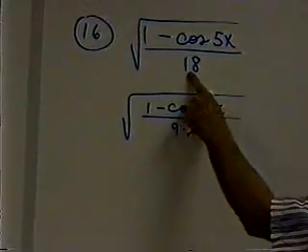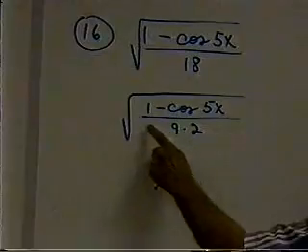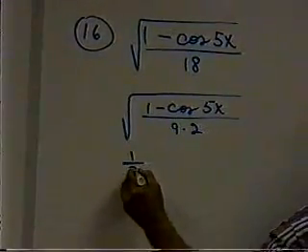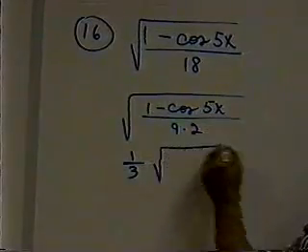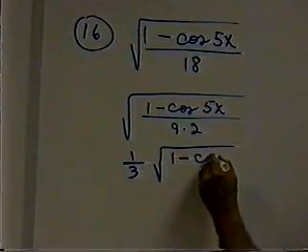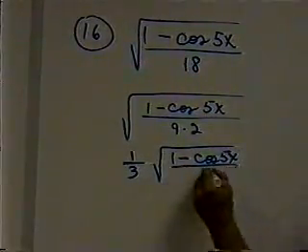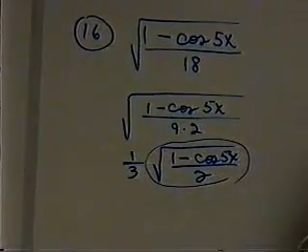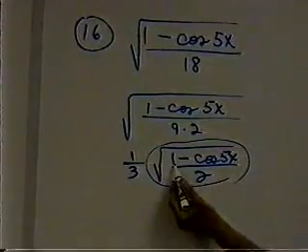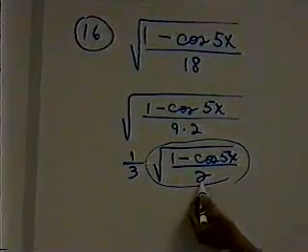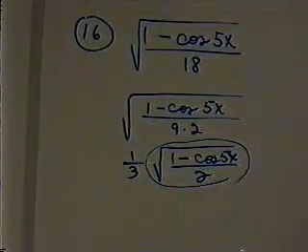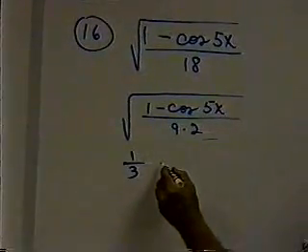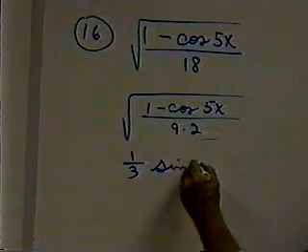We'll factor this 18 into 9 and 2. What is the square root of the 9? Well, remember now, this is the only denominator, so that comes out in front. The square root of 9 is 3. And we have 1 minus the cosine of 5x over 2. We now have what we want. We have the square root of 1 minus the cosine of 5x over 2. That goes to, all of that is replaced with the identity, the sine of 10x.